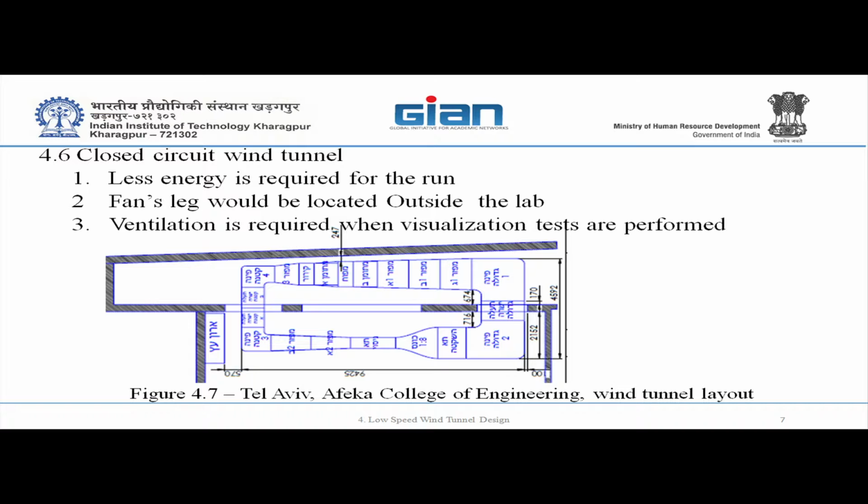Only thing is, in such places you are limited by the walls, and it had to be iterated several times according to the diffusers, and the expansion angle of the diffuser will determine the size and the contraction. There are two elements determining the size of your tunnel. One is the contraction ratio, namely the area entering the nozzle and the area of the test section.